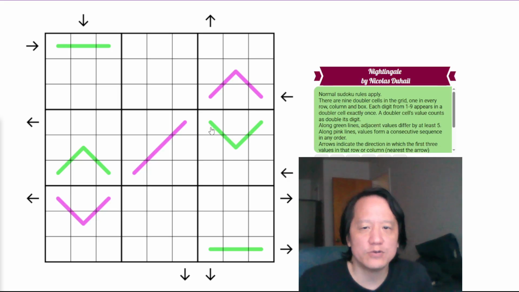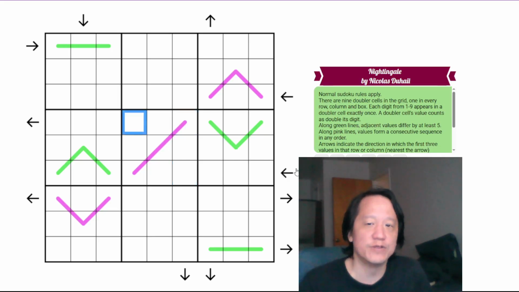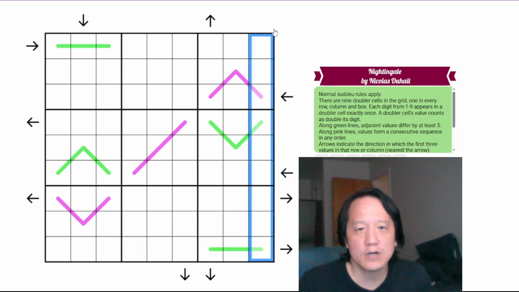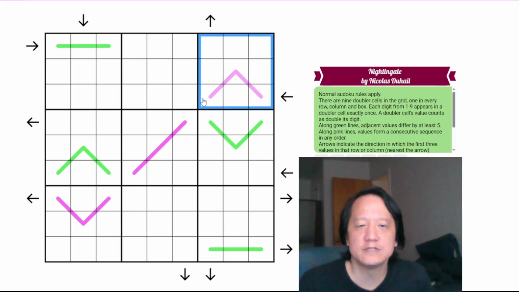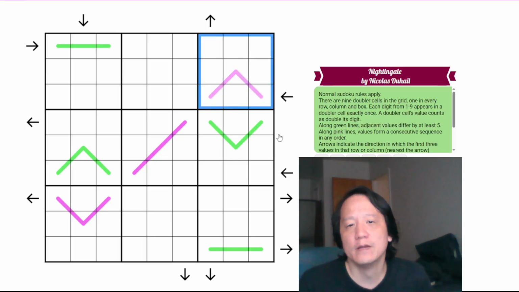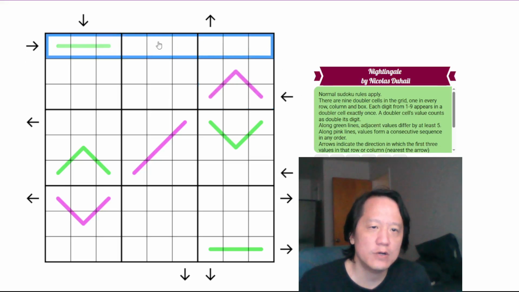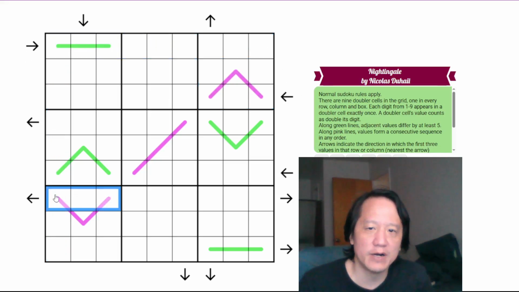Here are the rules. Normal Sudoku rules apply, which means in every cell in the grid, place a single digit from 1 through 9 such that there are no repeats in any row, column, or designated 9-cell region. There are 9 doubler cells in the grid, one in every row, column, and box.